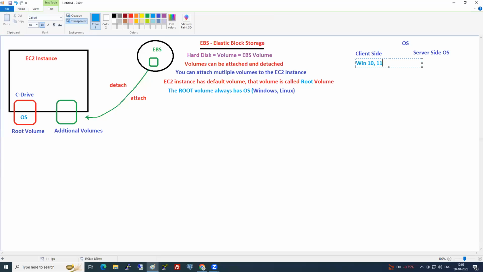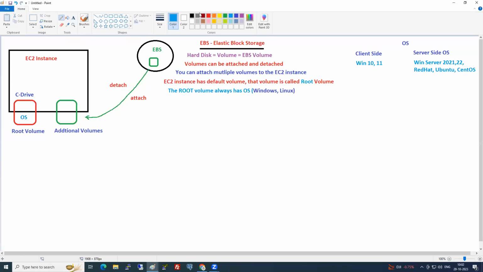Windows 10, Windows 11, it doesn't provide. It provides Windows Server 2019, 2022, and then Red Hat, Ubuntu, CentOS, all these server-side operating systems. Please keep this in mind.